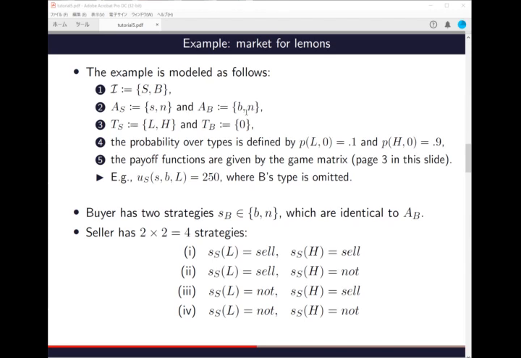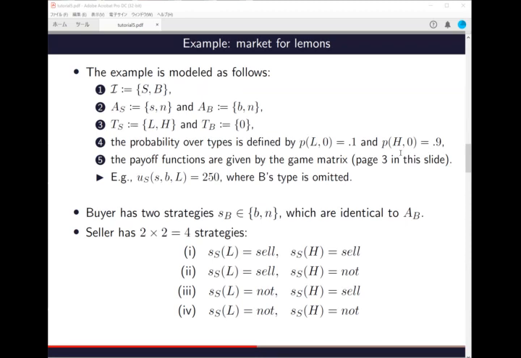There are two types of sellers, low and high, while there is only one type of the buyer, which is denoted by 0. The probability that the seller is of low type and the buyer is of 0 type is 0.1, which is written as P(L,0). The probability that the seller is of high type and the buyer is of 0 type is 0.9, which is written as P(H,0).